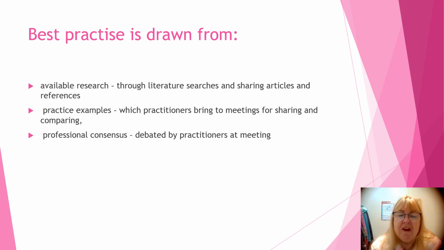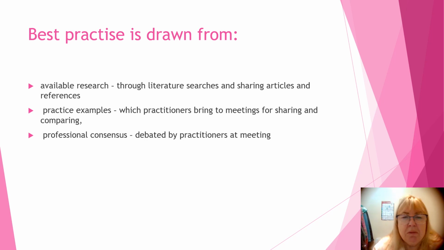Where's the best practice? Where do you get it from? Available research, and the university hospitals and the universities are doing research all the time. You'll find out through literature searches, sharing articles, references, just as you do when you're finding something for your assignments. Practice examples that people know about and have read about, and often articles in your professional journals, such as the Nursing Times, the BMJ magazine, the Lancet, just to give examples.